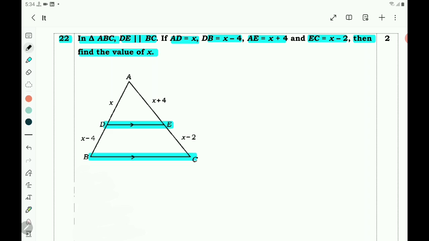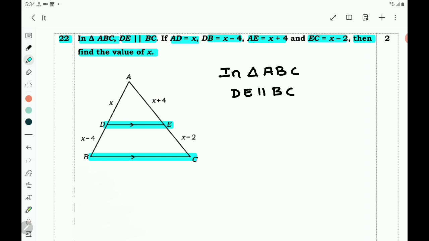So note it down. In triangle ABC, DE parallel to BC, this is given. And according to Thales theorem, what you can write?